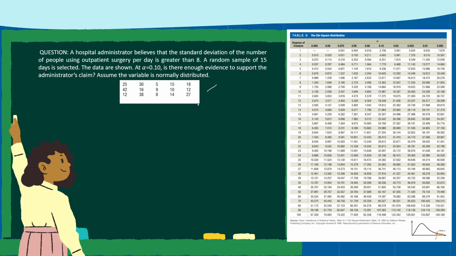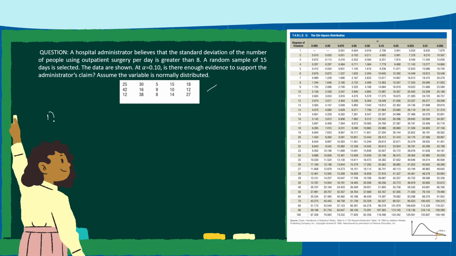Since the data here is raw data, we have to compute the sample standard deviation. We already have a video on how to compute the population and sample standard deviation, so I'll just state the result of the calculator.